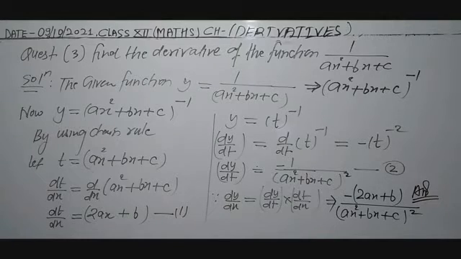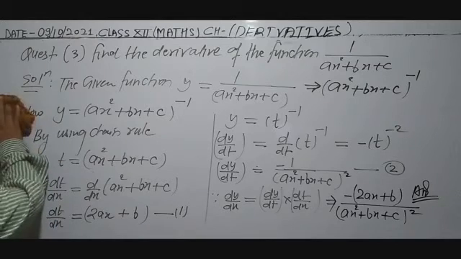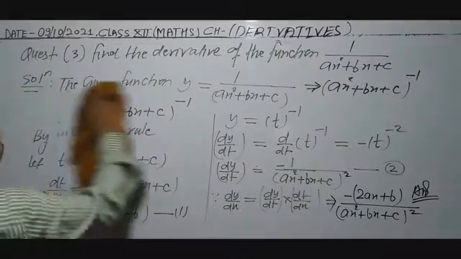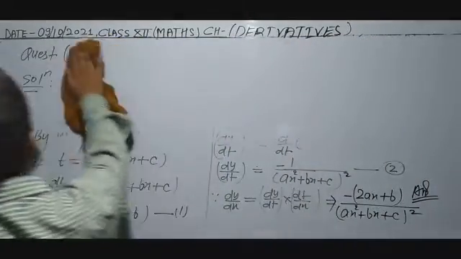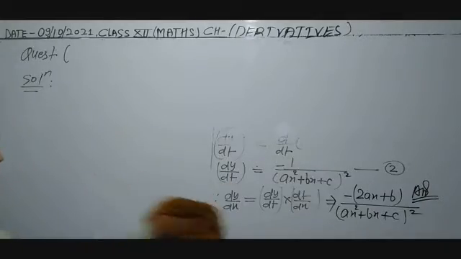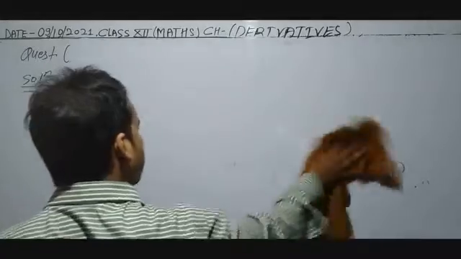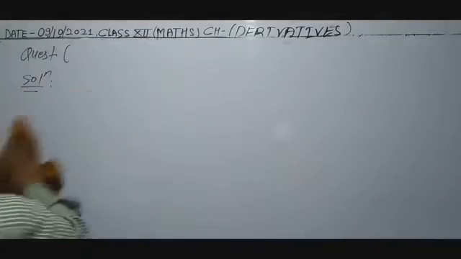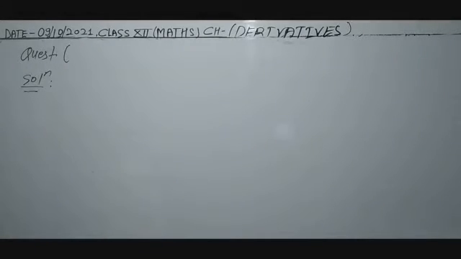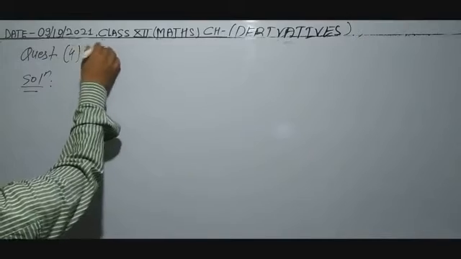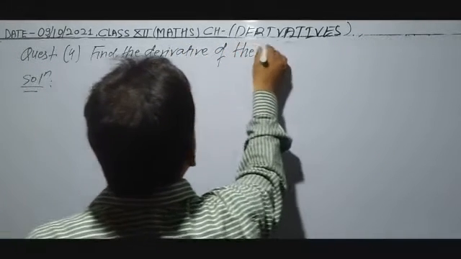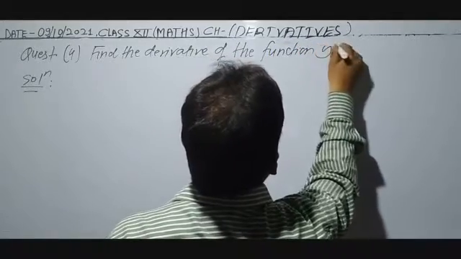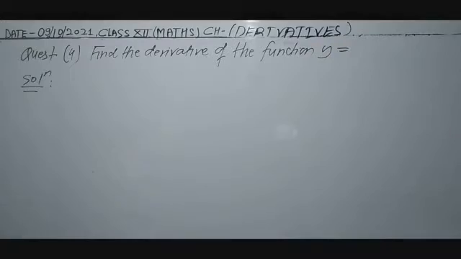Now come to question number 4. Question number 4 is: find the derivative of the function y is equal to cos x whole upon 1 plus sin x.